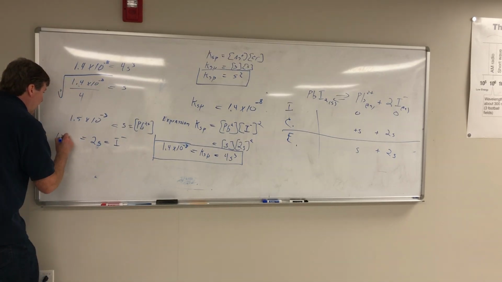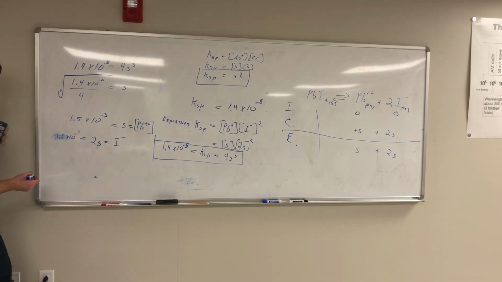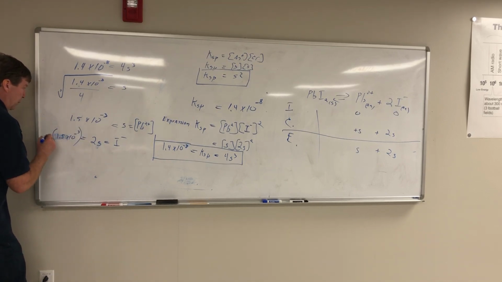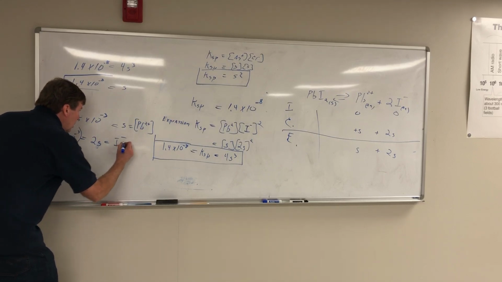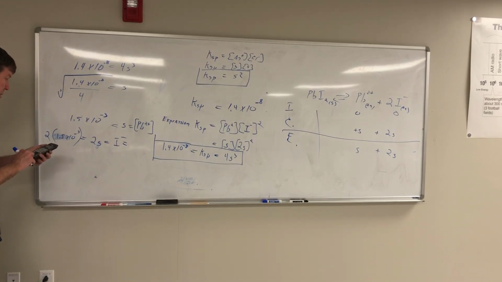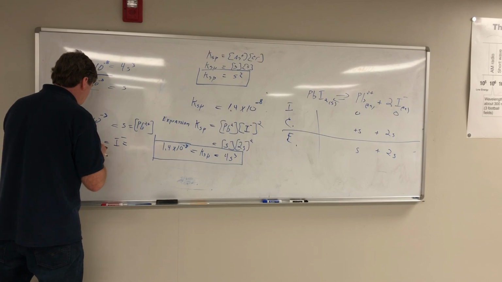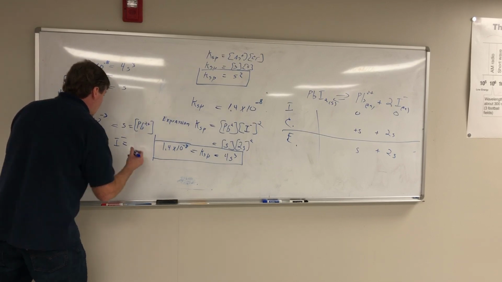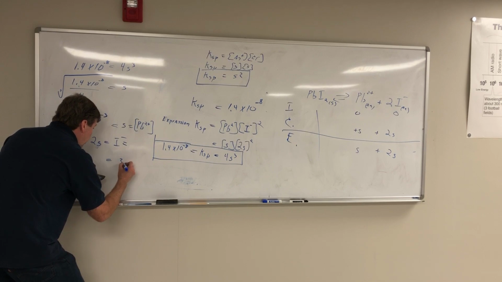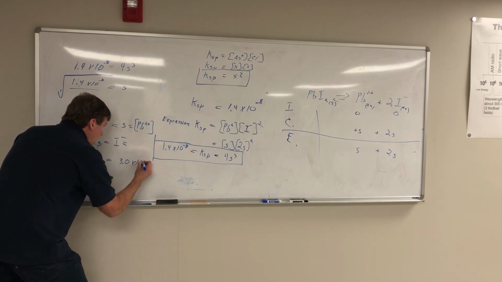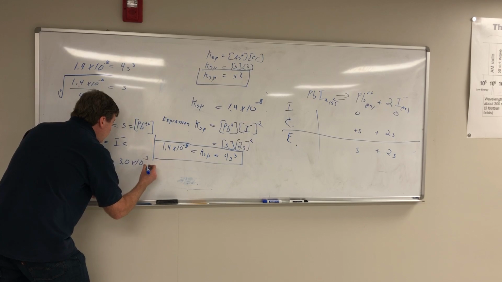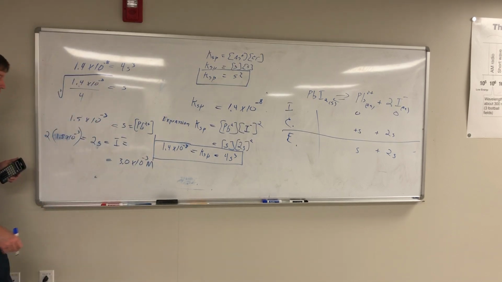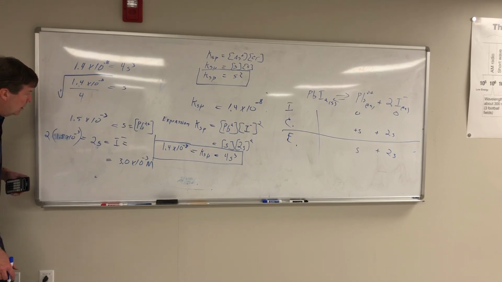So we got 1.5 times 10 to the negative third times 2, and that's going to equal 3.0 times 10 to the negative third big M. Didn't need a calculator for that, but I used it anyway.